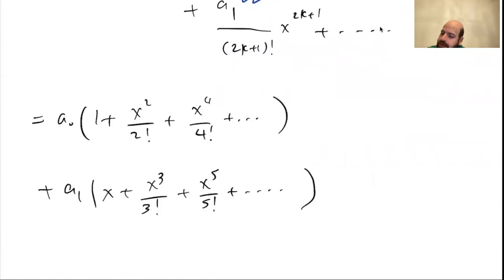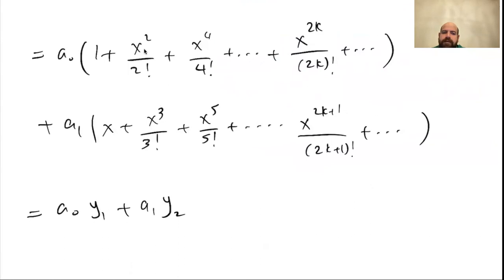And then the generic term here was x to power 2k over 2k factorial. And the generic term here was x to power 2k plus 1 over 2k plus 1 factorial. And I can write this one as a0 y1 plus a1 y2.